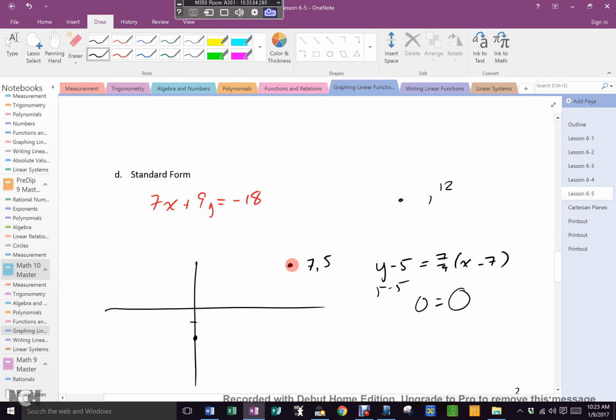The run... Oh, I screwed that up. The rise is 9. So what did it need to be? I went up 9. No! Rise over run. I was right. 12. And then I run 9.